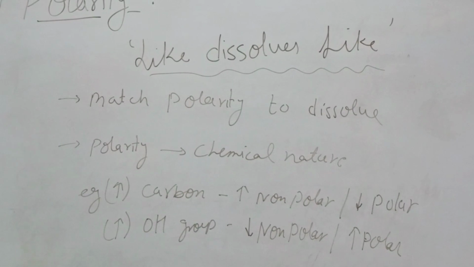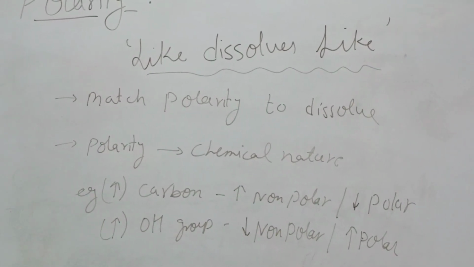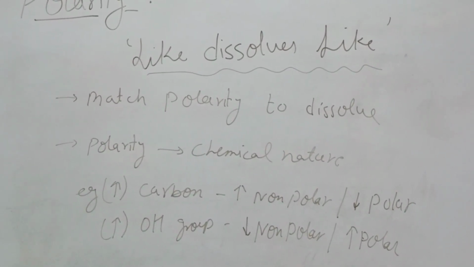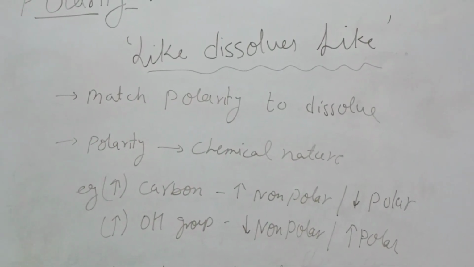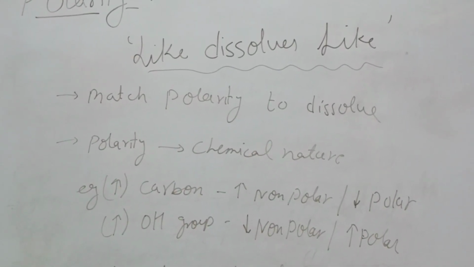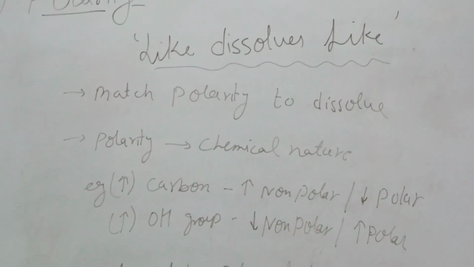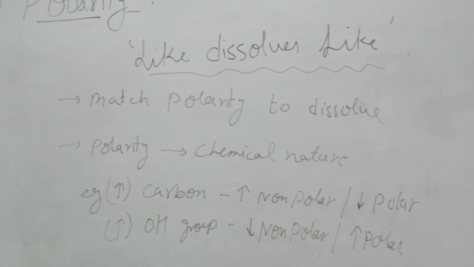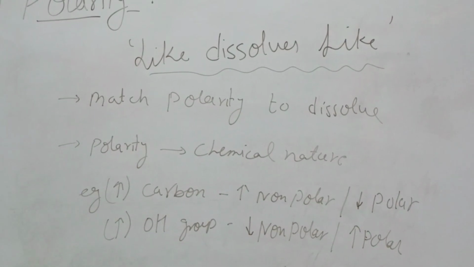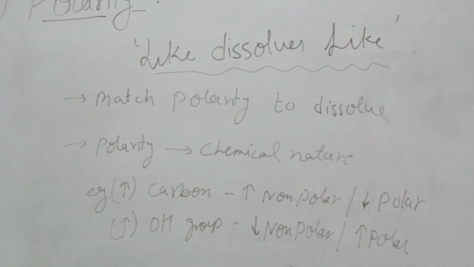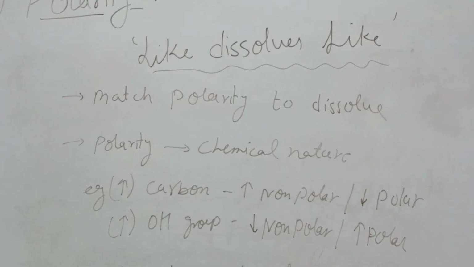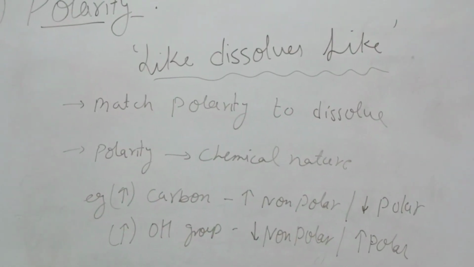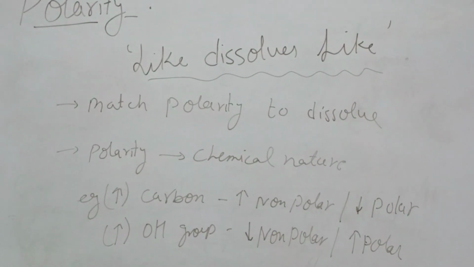So this is how the chemical nature affects polarity, although there are some other factors which affect polarity equally. This is in a general sense: more carbon atoms means the compound is more non-polar, and more hydroxy groups means the solute or solvent is more polar. So that is the principle, like dissolves like.